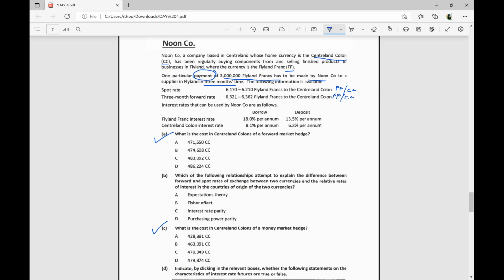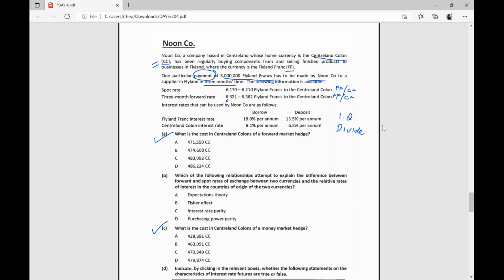Now, the home currency is CC. It's coming in the denominator. Again, it's an indirect quote. That means you will divide to convert. Of the two rates, the lower rate written is the buying rate and the higher rate written is the selling rate.